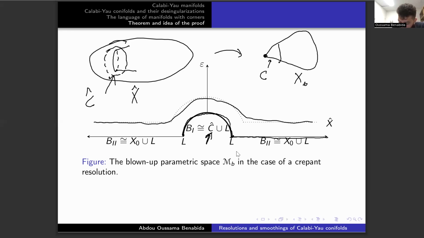And here, if you notice, there is this union with L. L is just the link of C. So here we have this resolution of the cone. So we have the cone C. This is the resolution of the cone, but it still looks like the cone at infinity.